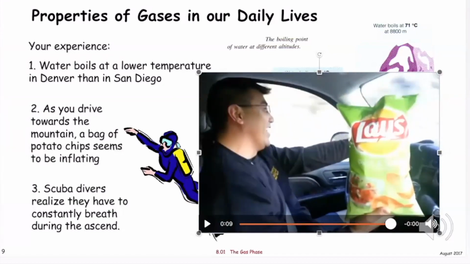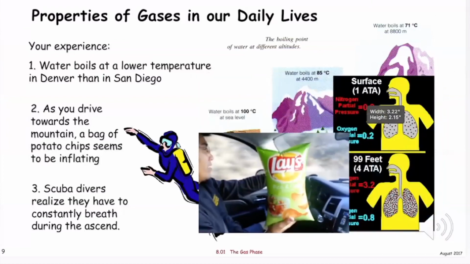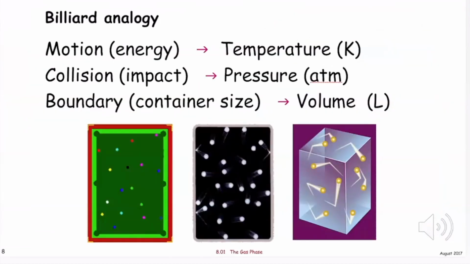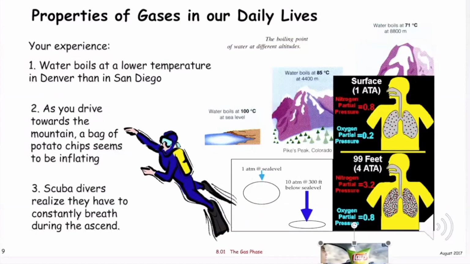So that's one of the things that you guys actually deal with when you go diving. If you've been certified and you go diving, and I was certified when I was in grad school, one of the rules they tell you is that in your ascent, you need to constantly breathe through your BC, your breathing apparatus.